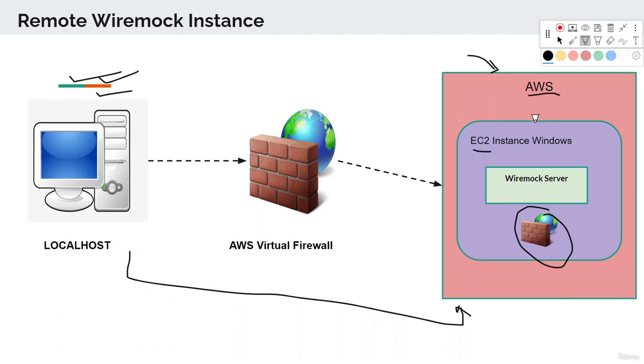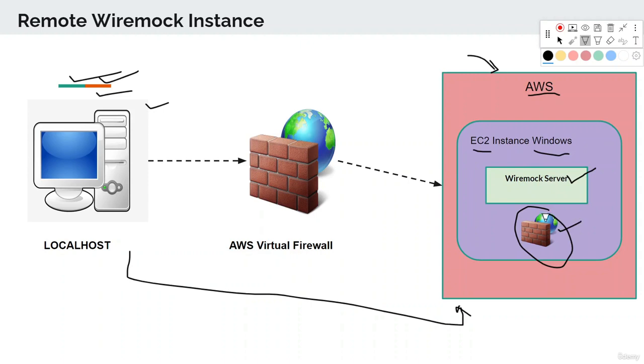Here we will be discussing the Windows instance. We will be creating a Windows instance on AWS, and then we will access it through our local machine. The next step will be to set up the Wiremock server there and access it from the local host. All the work regarding Wiremock mocking we will be doing on the local host, right? So now we have a Windows firewall here.